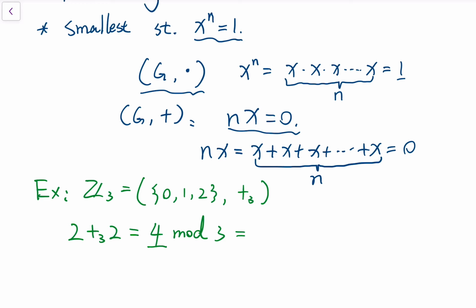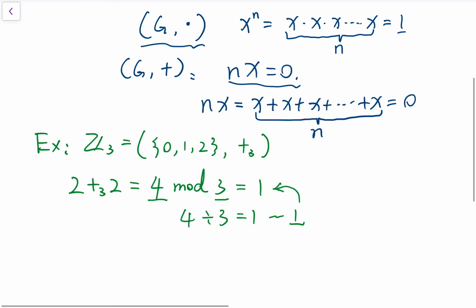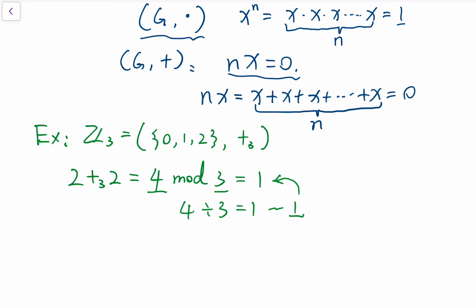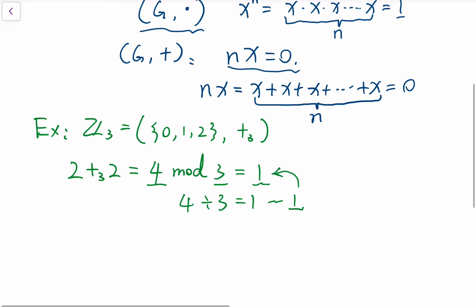You divide 4 by 3, and 4 divided by 3 equals 1, and the remainder is 1. So this remainder is the final result here. So we get 2 plus 2 mod 3 equals 1. And this group is defined like this.